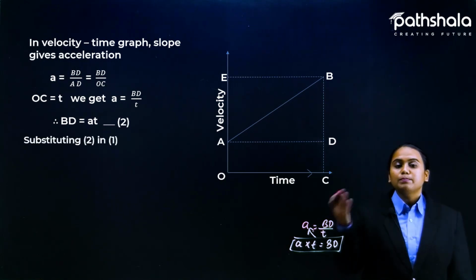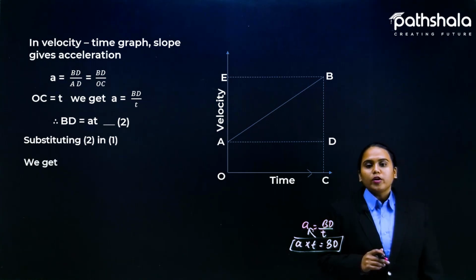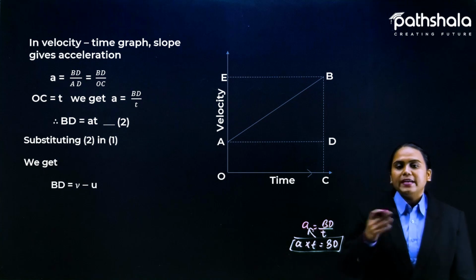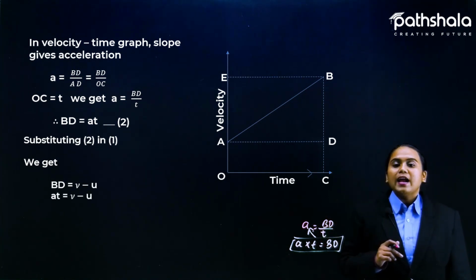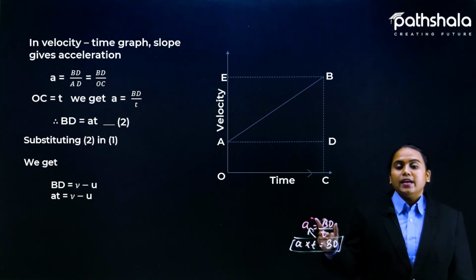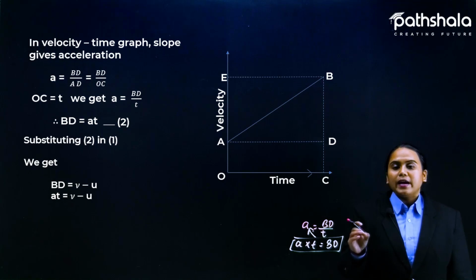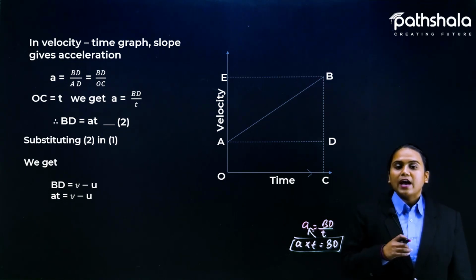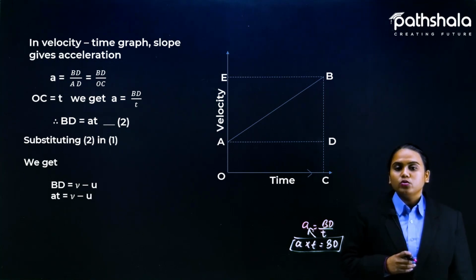Earlier, in the first part, we got BD is equal to V minus U. Substituting here AT, acceleration multiplied by time, you will get V minus U. So here you have the equation V minus U is equal to AT.